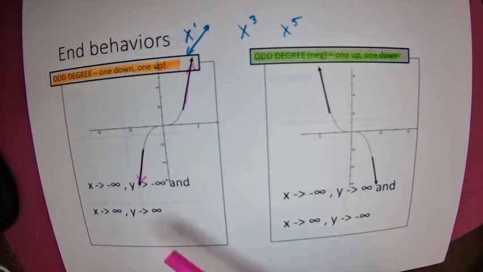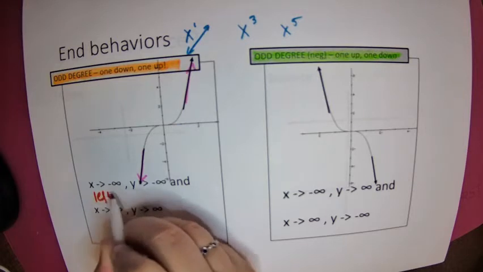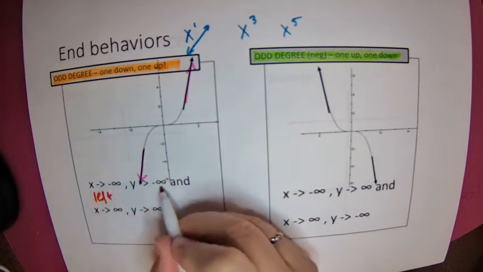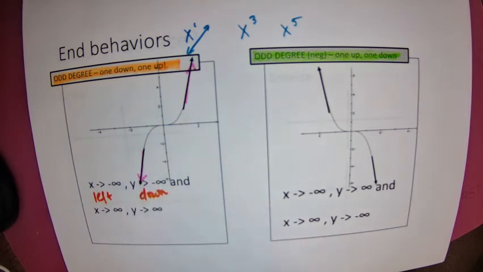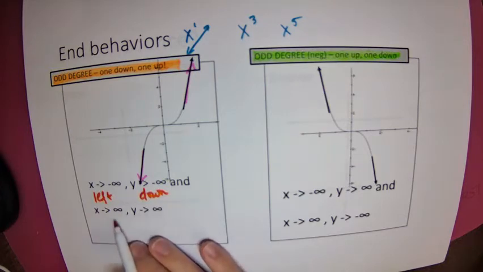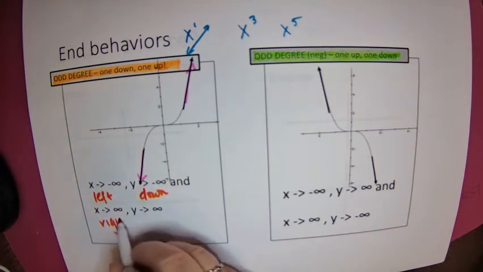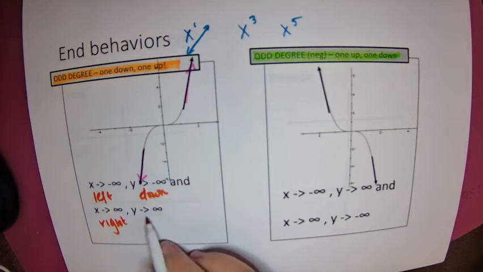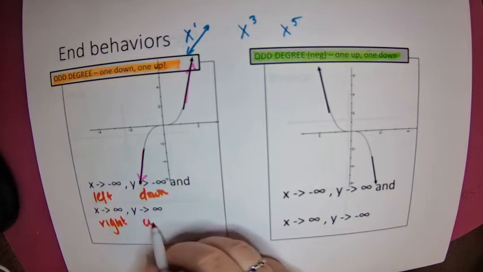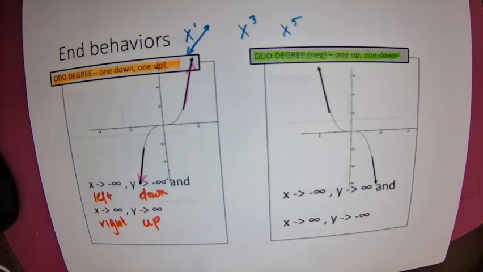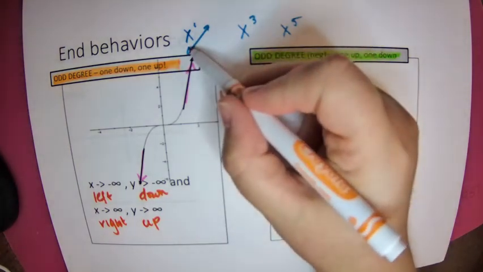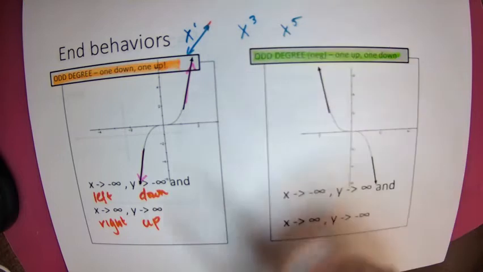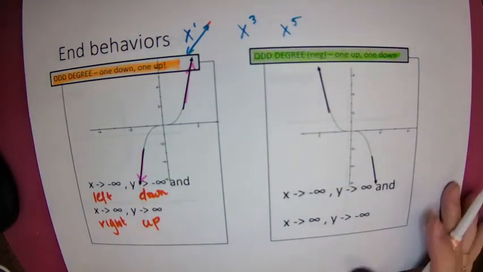Now, if it's positive, on the left, as x approaches negative infinity, y is going down. Y approaches negative infinity. As x approaches positive infinity, that means on the right-hand side, y approaches positive infinity, which means we're going up. So if it's an odd degree, even if it's a straight line and it's positive, then the left side is going down and the right side is going up every time.